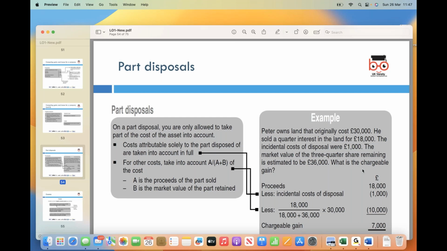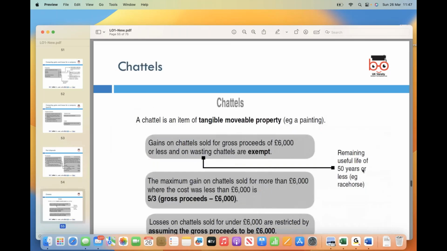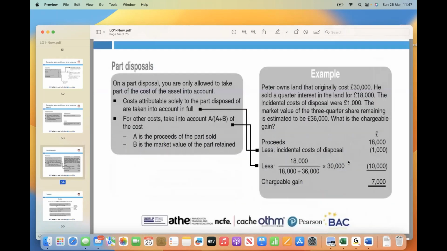Proceeds 18,000 less incidental costs of disposal 1,000, less 18 over 18 plus 36, multiplied by 30, and the chargeable gain comes to about 7,000 pounds. So 18,000 pounds is the proceeds, then 18,000 plus 36,000, where the three-quarter share remaining is estimated at 36, multiplied by the land's original cost of 30, and the chargeable gain will be 7,000 pounds.